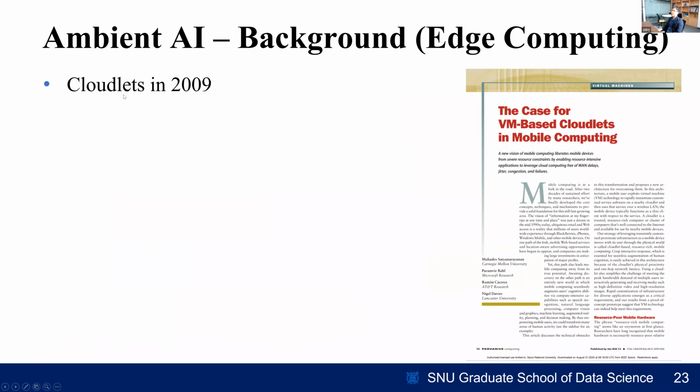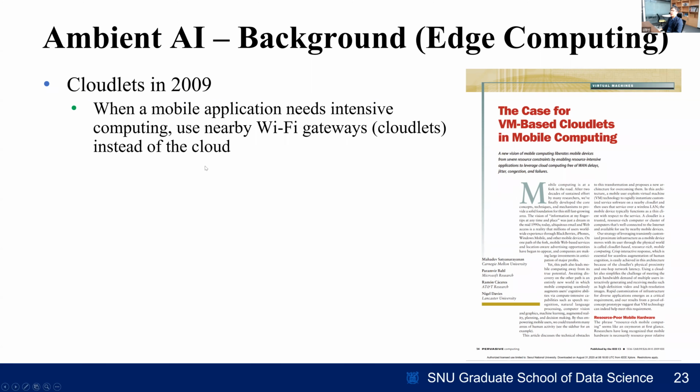So in 2009, one seminal paper on edge computing was published, which is about cloudlets. Kind of funny, it's not the cloud, but cloudlets, a piece of cloud, right? And the idea is when a mobile application on a smartphone needs intensive computing, then how about using a nearby Wi-Fi gateway, because it has kind of powerful computing capability.